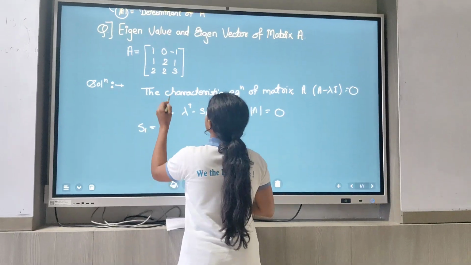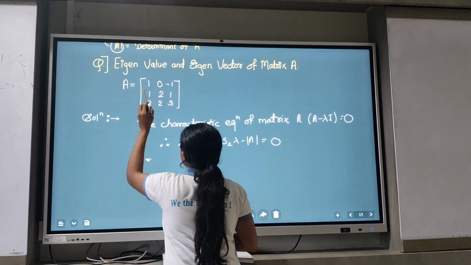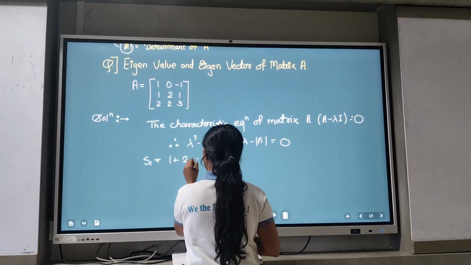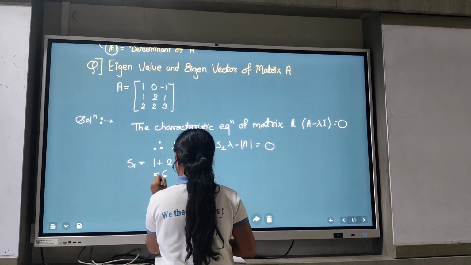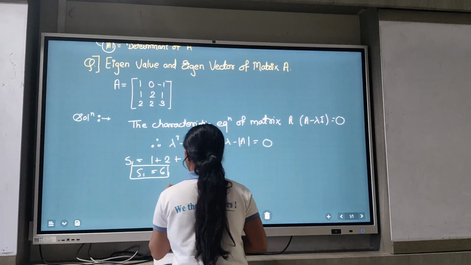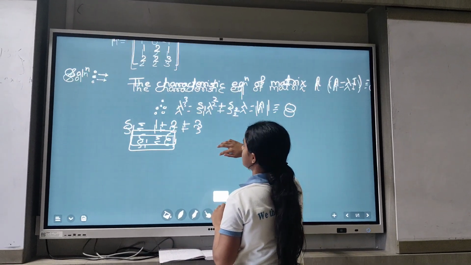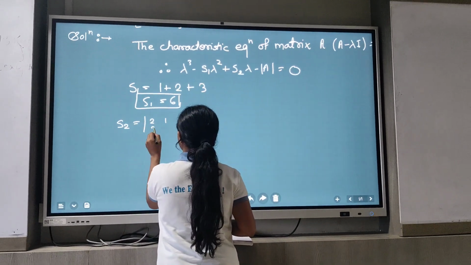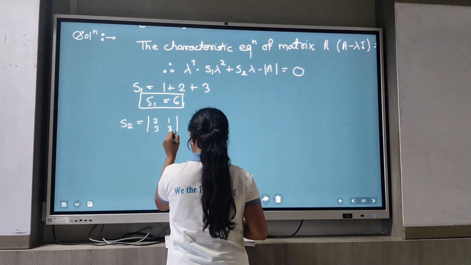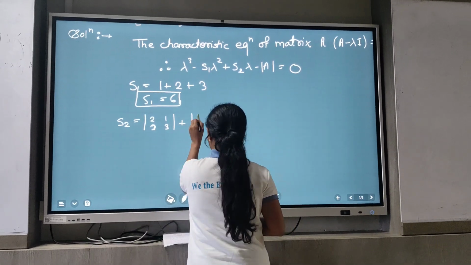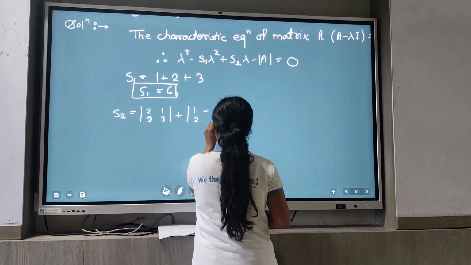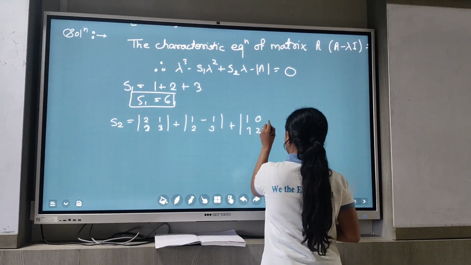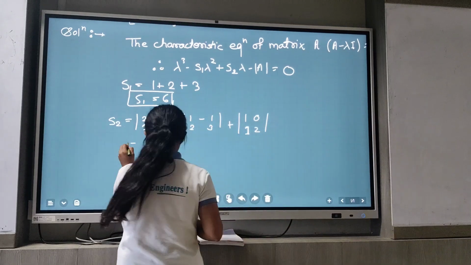As we discussed, all the diagonal elements are needed to find S1. So our S1 is 6. Now let's move towards S2.